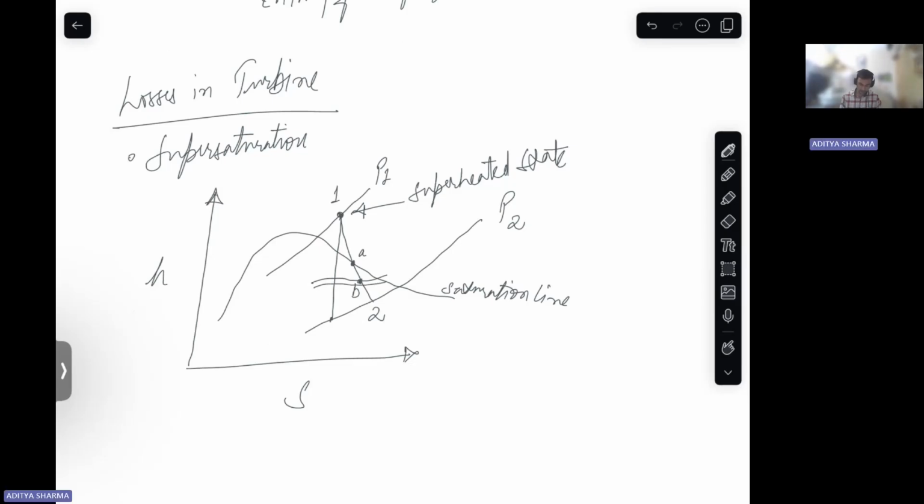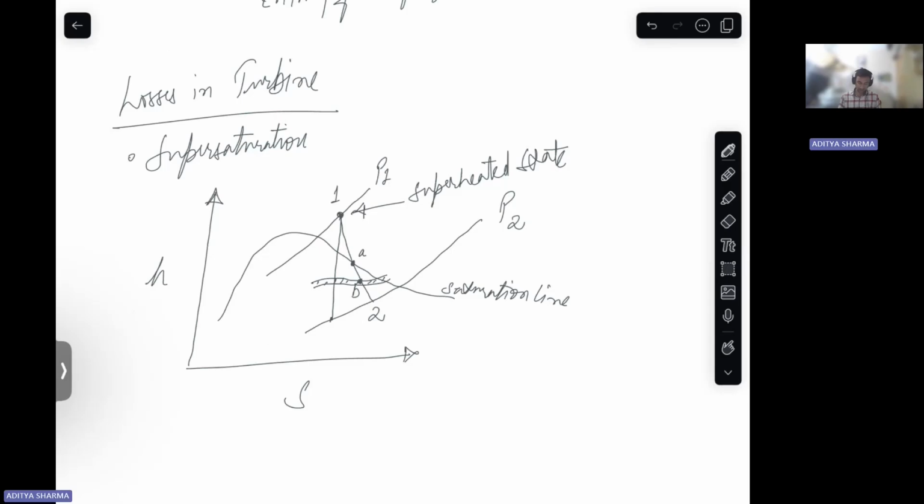But what happens is, while the steam is expanding from 1 towards 2, it reaches A, it directly doesn't start to condense. Okay. So till point B, it remains in this superheated state, right?